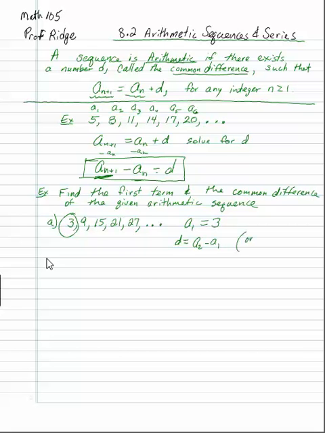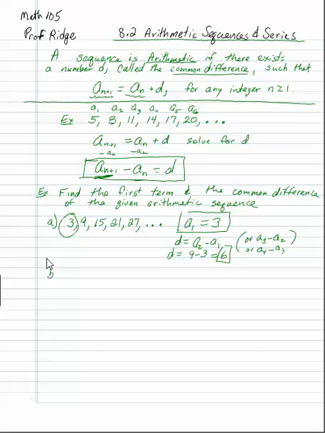Or you could do a sub 3 minus a sub 2, or a sub 4 minus a sub 3. It doesn't matter, just pick two and subtract them. They have to be right next to each other. So I'm going to do a2 minus a1. That would be 9 minus 3, which is 6. So our common difference is 6, and the first term is 3.